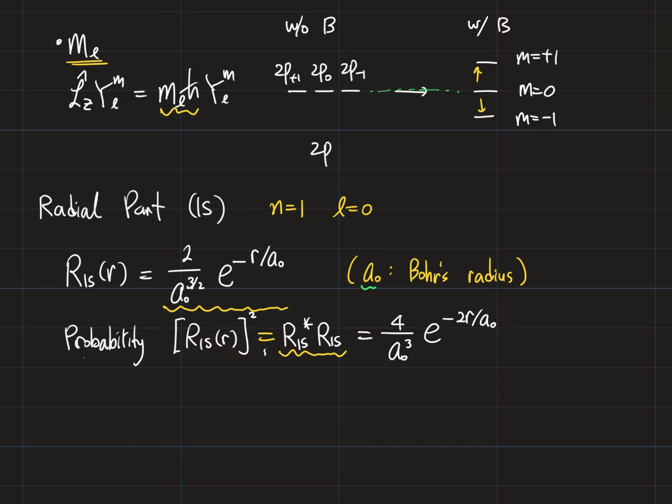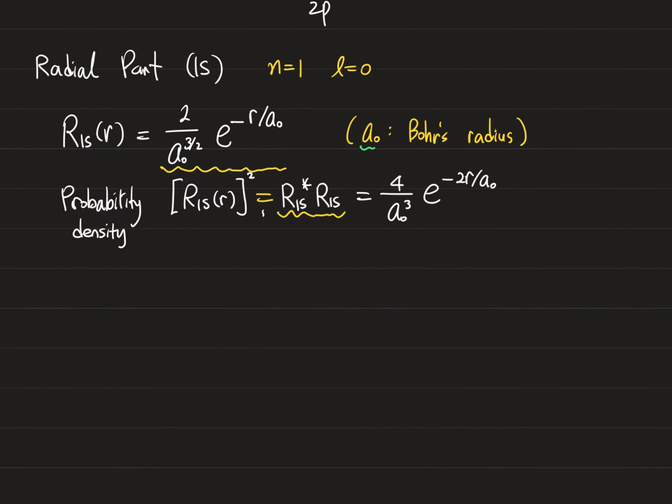But actually this is probability density, right? This is not strict probability. So that means if you want to calculate the probability, then you have to multiply the volume element, right? The volume element for the radial part in the spherical coordinate is r squared dr, right?